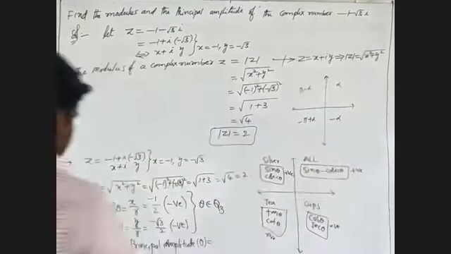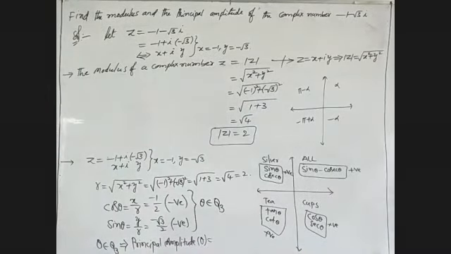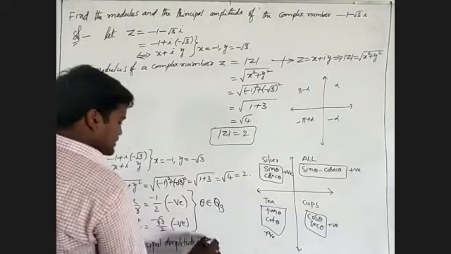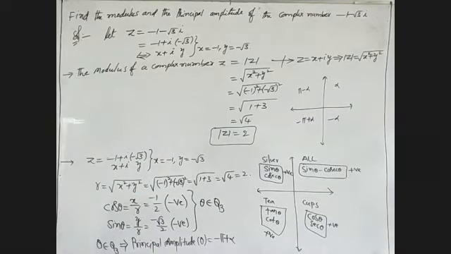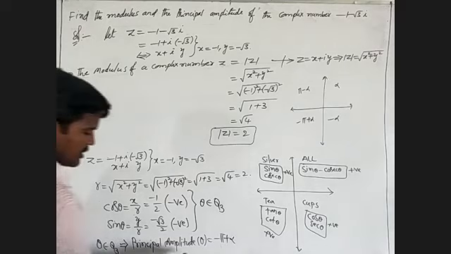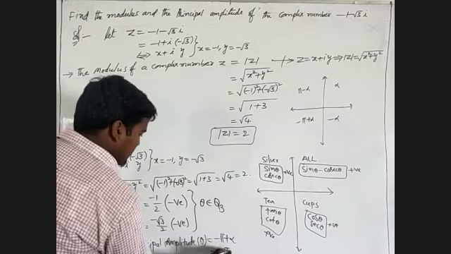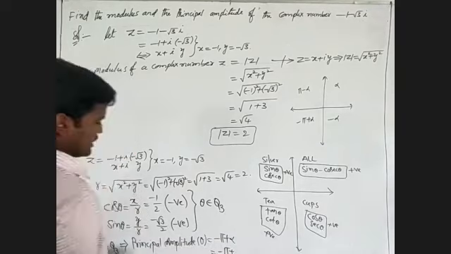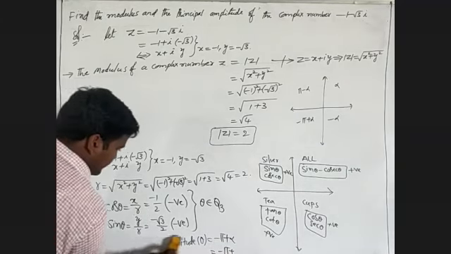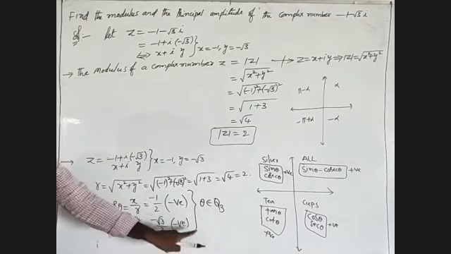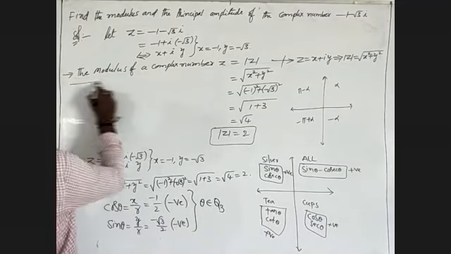That means theta belongs to quadrant 3, so I will write minus pi plus alpha. We have to write the extension of this in this place.